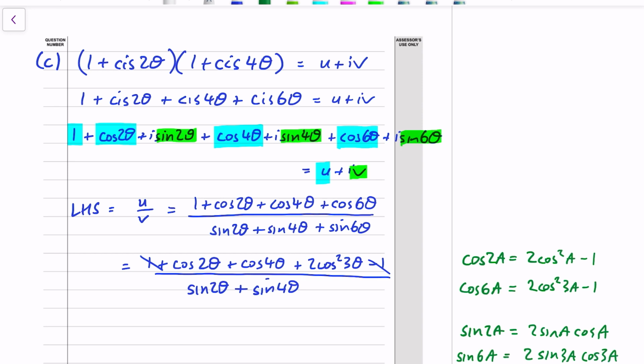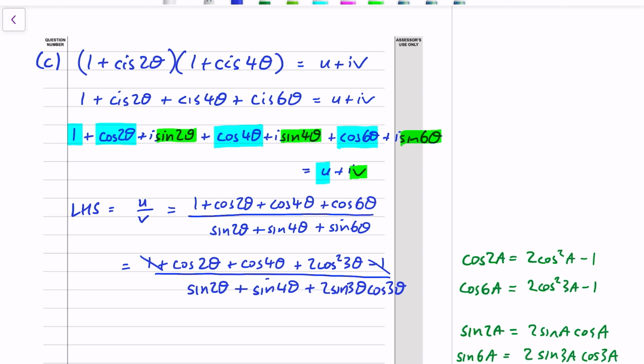If you haven't worked with trig identities before, notice a common mistake that students make is that they see the 2 there, get excited and change it to a 6, but we're only changing the angles. The angles are triple, the structure of the identity remains the same. Okay, so sine 6 theta gets replaced as 2 sine 3 theta cos 3 theta. Okay, so I've brought in some 3 thetas.